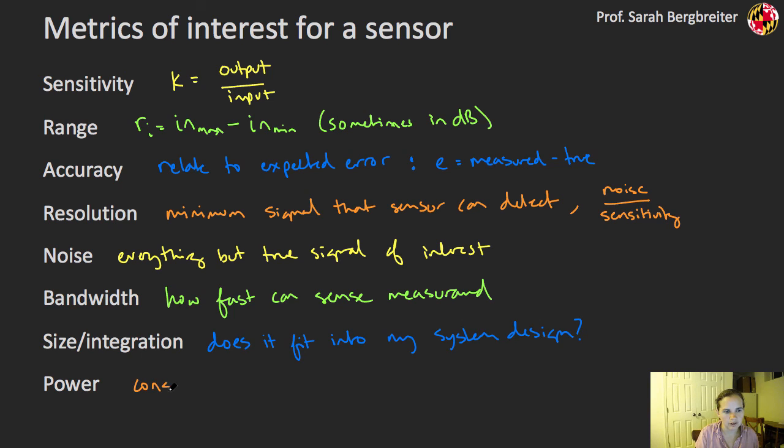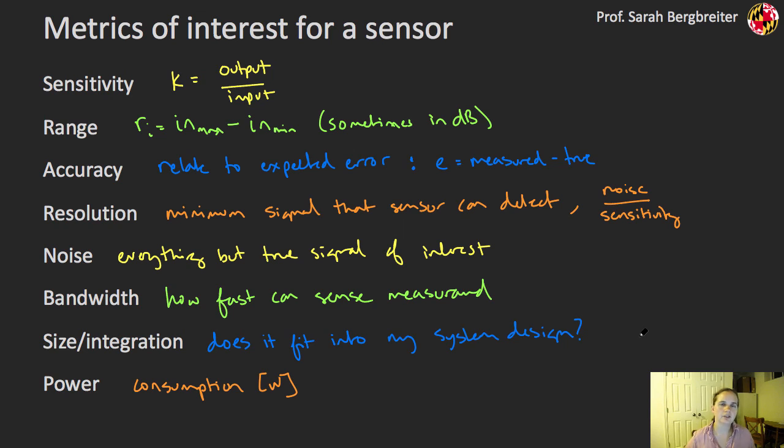Typically we're interested in power consumption in watts, what that sensor might draw. A typical level for something like an inertial sensor would be on the order of milliwatts, maybe tens of milliwatts. A lot of the interesting development in sensors has been pushing them to lower powers than they've been able to achieve in the past.